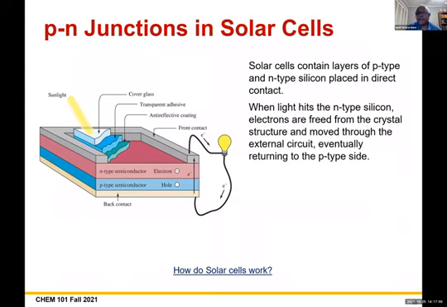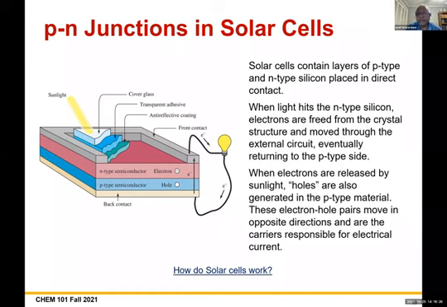When light hits the N-type silicon, electrons are freed from the crystal structure and move through the electrical circuit, eventually to return to P-type. There's a barrier. The electrons are not allowed to pass directly from P-type to N-type. There's an insulation layer. So now it can only pass through the outside wire, which is the terminals of the solar cell.